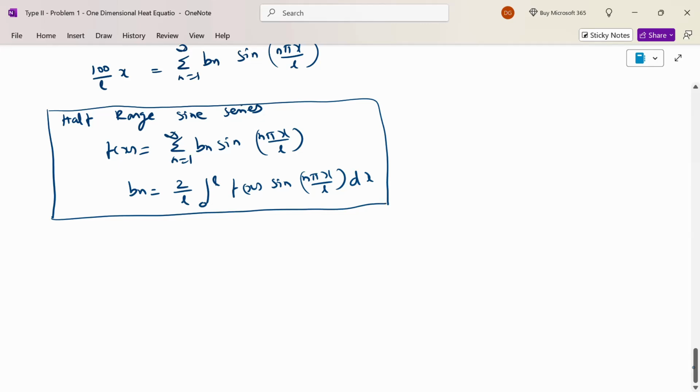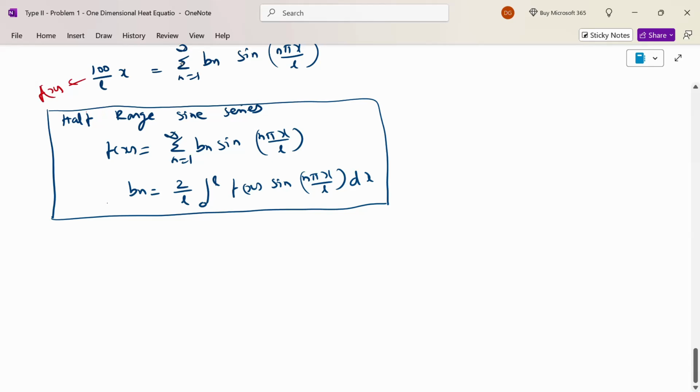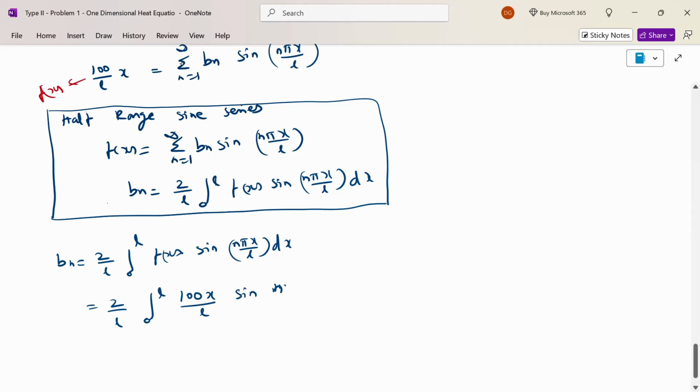So therefore f of x is nothing but 100 x by L. Now to calculate bn, 2 by L, integral 0 to L, 100 x by L sin n pi x by L dx.